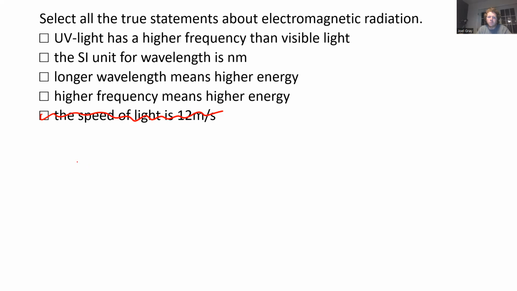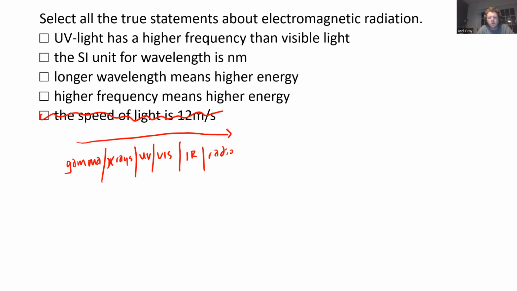I always like to label them out in the sequence that I remember them: gamma rays, X rays, UV light or UV energy, and then vis, then IR, and after IR is radio. One thing I always remember is that radio waves are super long. So if I say lambda, this would be longest, and this would be shortest.